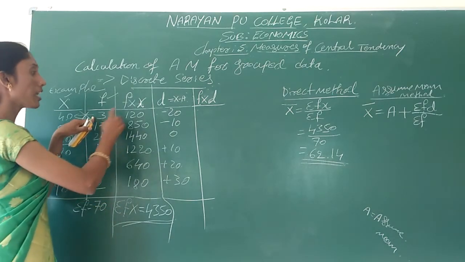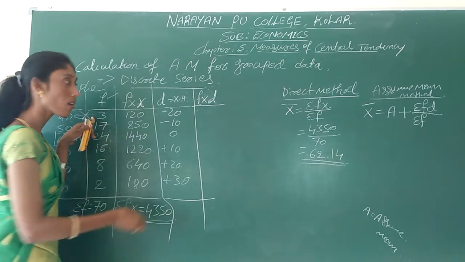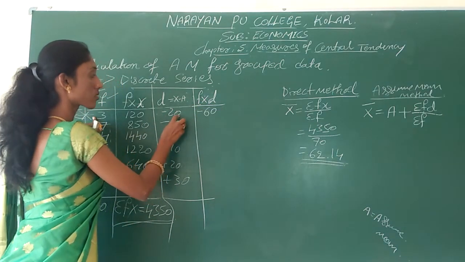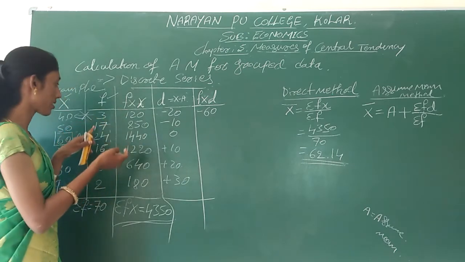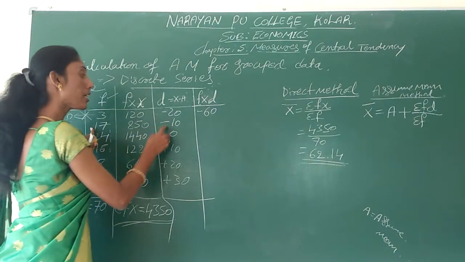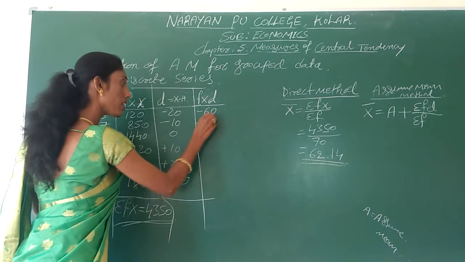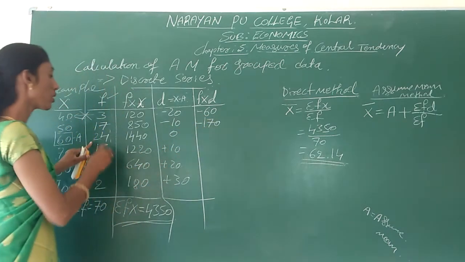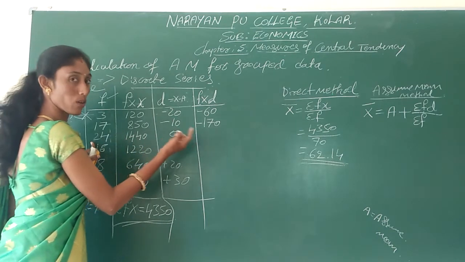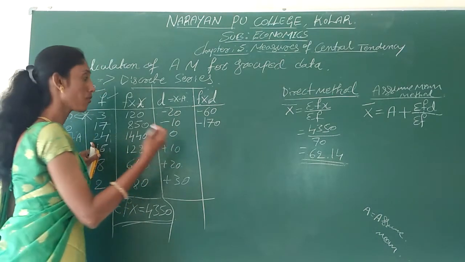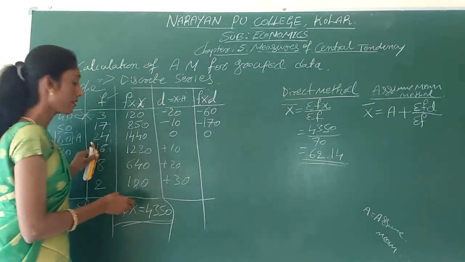3 into minus 20, how much do we get? Minus 60. 17 into minus 10, minus 170. 24 into 0: any value multiplied by 0 gives 0 only, right?